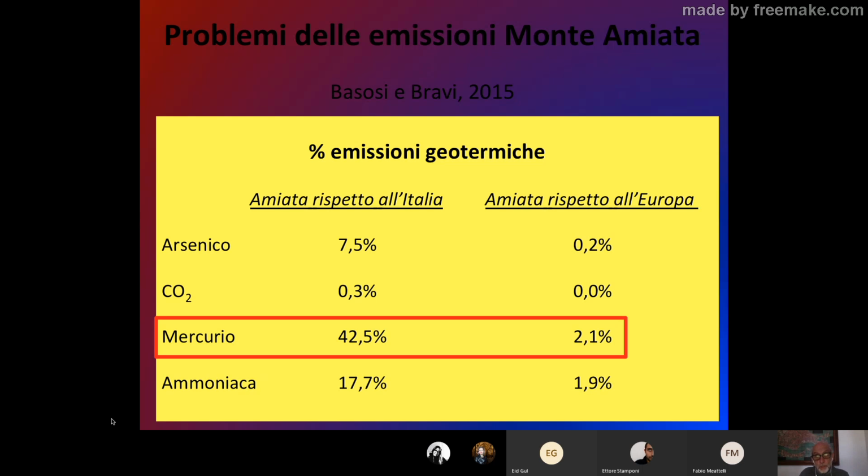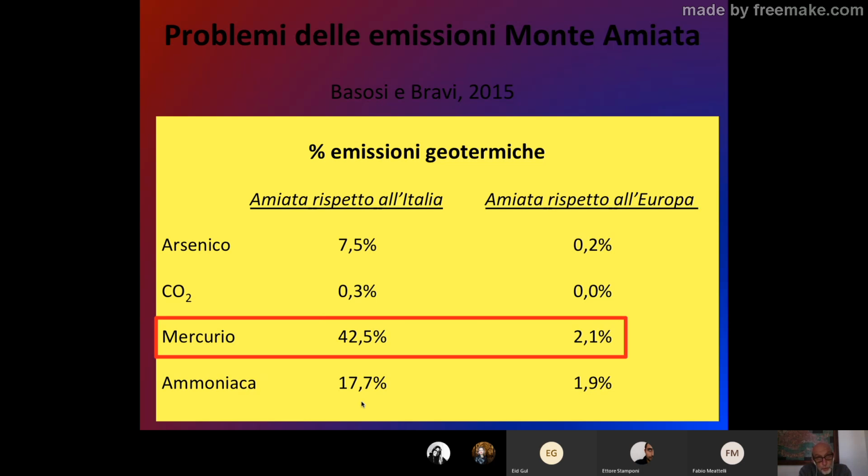So somewhat, green certificates are stolen from other less polluting, or more green, alternative energy production. Ammonia is 70% with respect to Italy and is about 45% with respect to Tuscany. So you can imagine it is a huge amount of pollution.